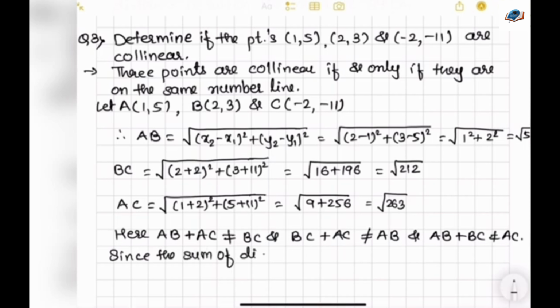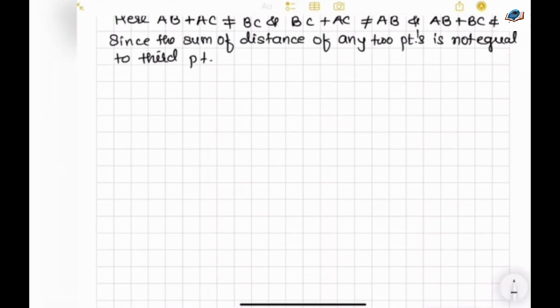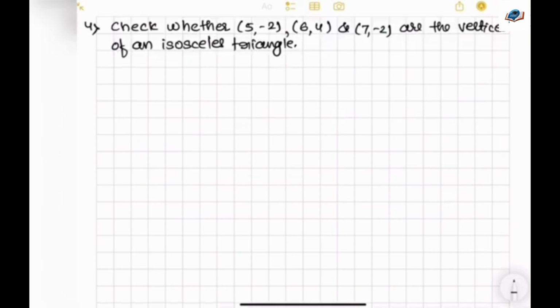Since the sum of the distances of any two points is not equal to the third, I can say therefore the points (1, 5), (2, 3) and (-2, -11) are not collinear.